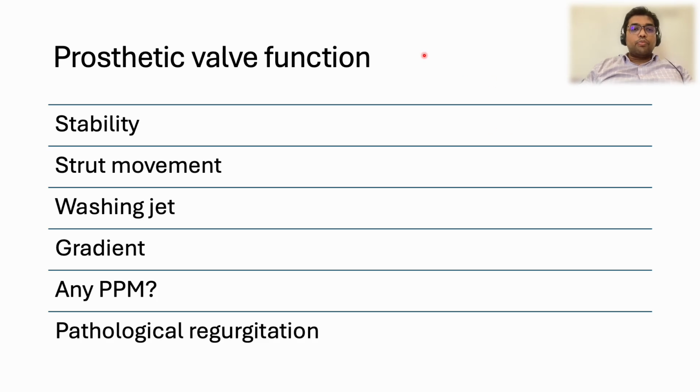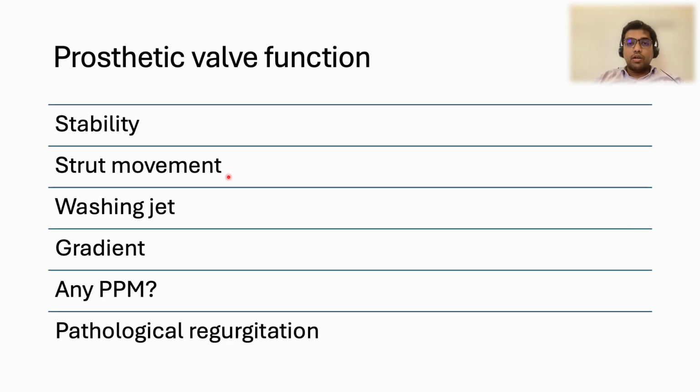Now, prosthetic valve function I will discuss more in your prosthetic valve class, but for rapid perioperative decision making, I'll just go through the particular points that you see in prosthetic valve function on TEE examination. Number one, stability: whether the valve is stable, attached in all its locations where the suture has been put, and there is no rocking motion.